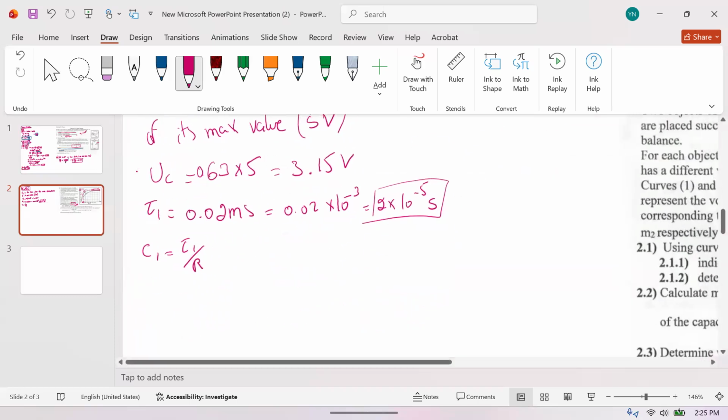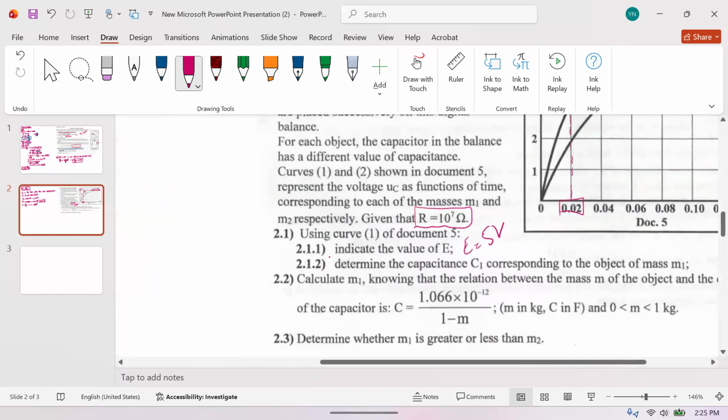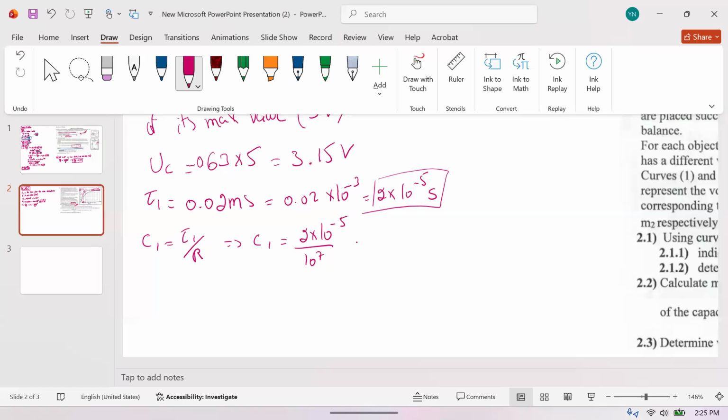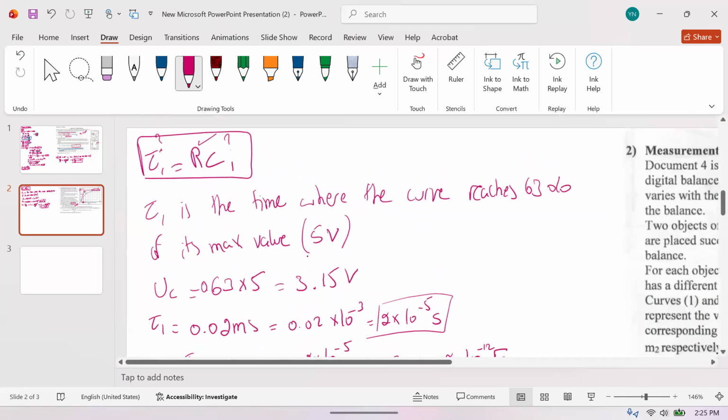So C1 is equal to 2 times 10 to the power minus 5 over R, which is 10 to the power 7. This would be 2 times 10 to the power minus 12 farad, or we can say picofarad. As I always said, the value of the capacitance should be really small, not really big. So you have to be careful on how you're calculating.